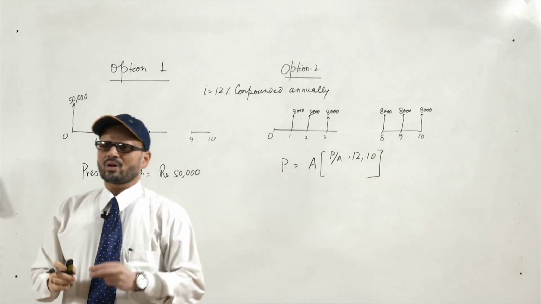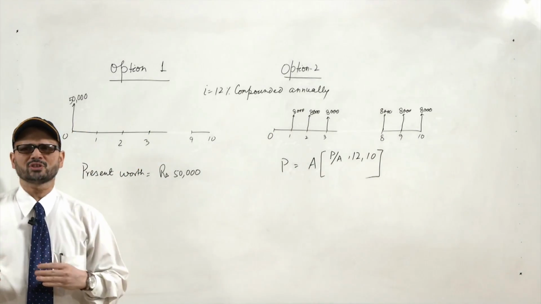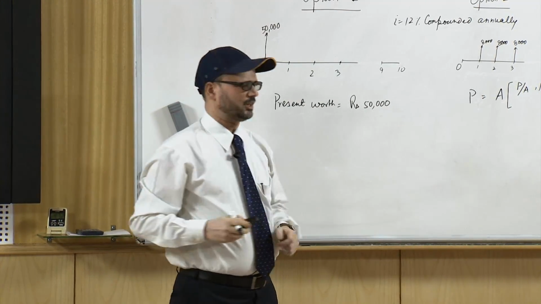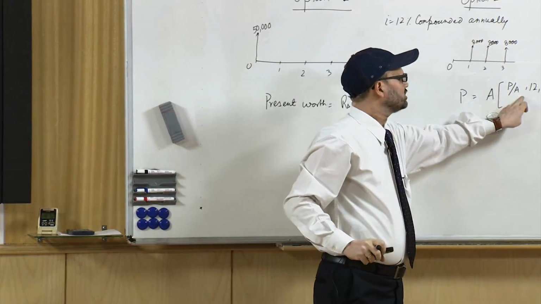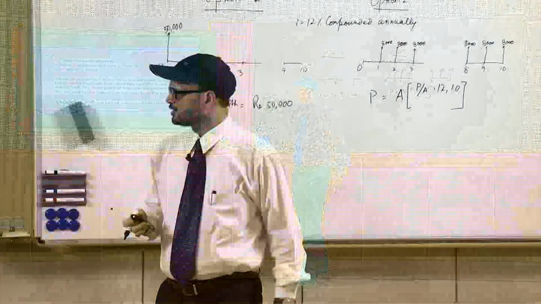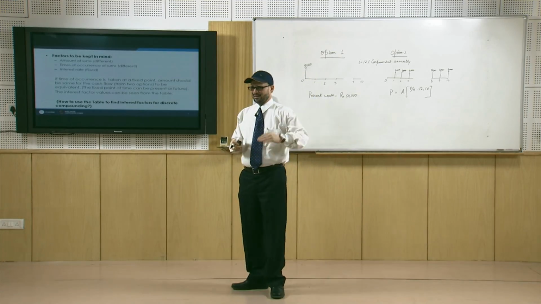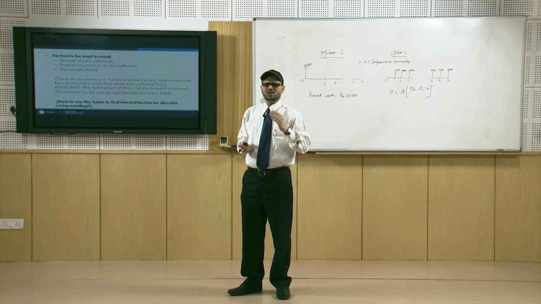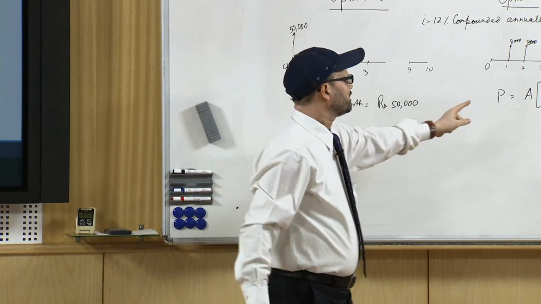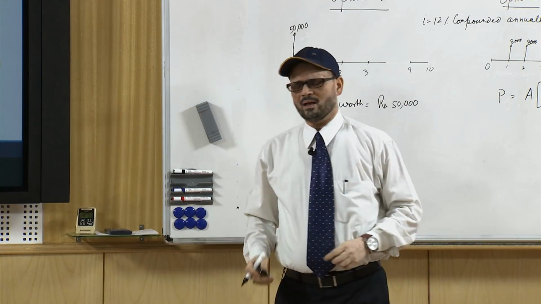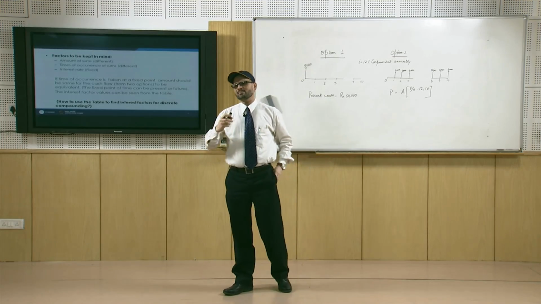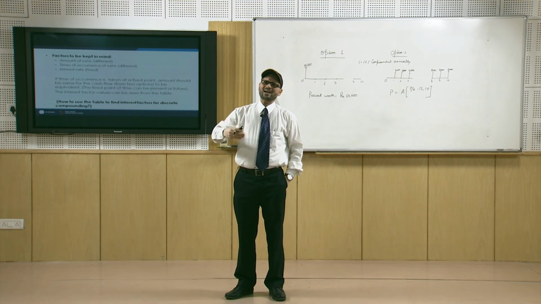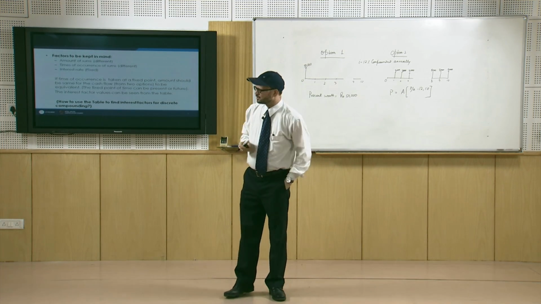Now, so far we have used the different types of interest factor relationships to find these factor values, but from now onwards we can use the interest tables to calculate these interest factor values. These interest tables are supplied at the back of the textbooks.